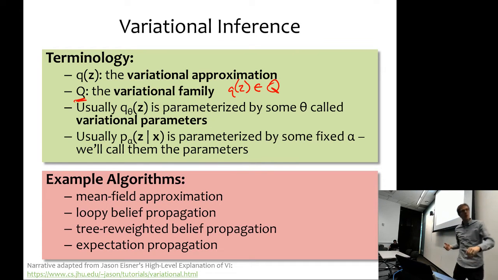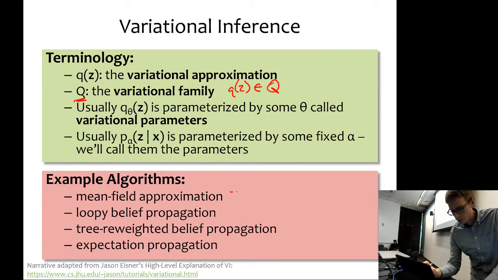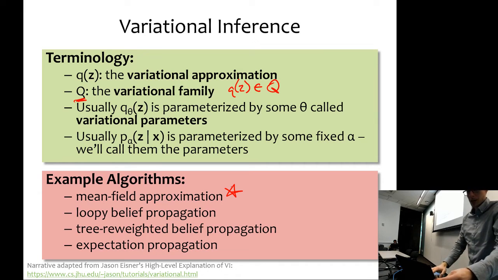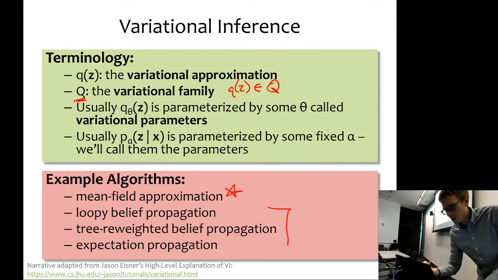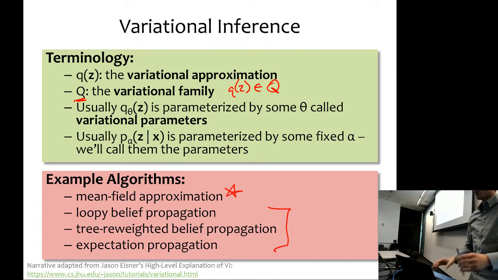The one that we're going to focus on here is called the mean field approximation. But loopy belief propagation, tree reweighted belief propagation, and expectation propagation are all other algorithms that solve inference by optimizing some objective function. It's just that these other three are optimizing a different objective function than the one we're going to focus on today.